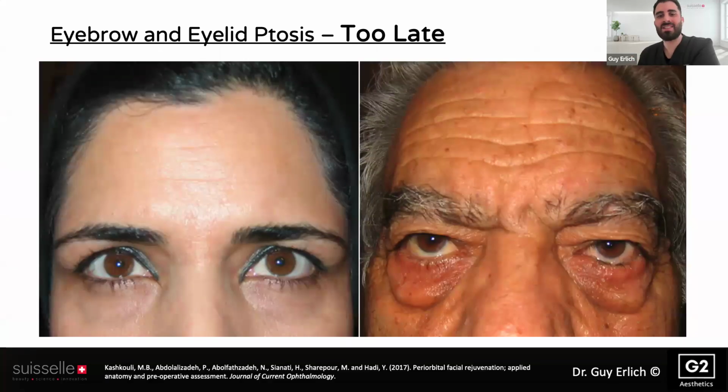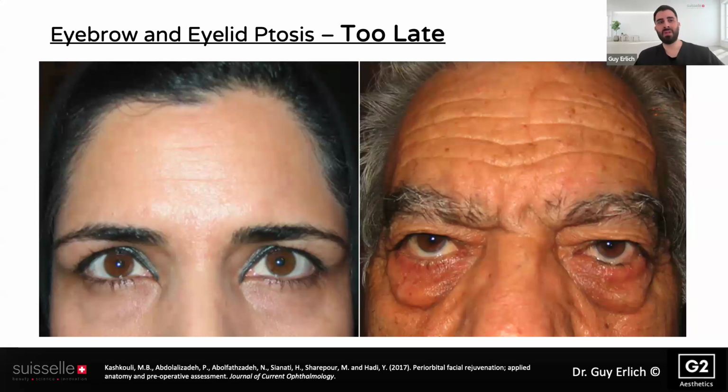But my last key message to you is to not wait. Because when you wait for blepharoptosis and dermatochalasis, which is an increased amount of skin and lax skin, both in the upper and the lower eyelid, I don't think that anything in the energy-based device or injectable spectrum can help. Surgery is the only way to treat this patient.